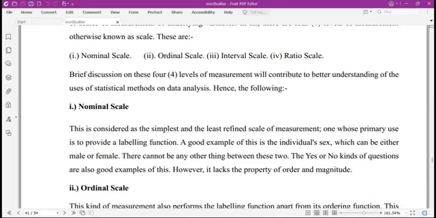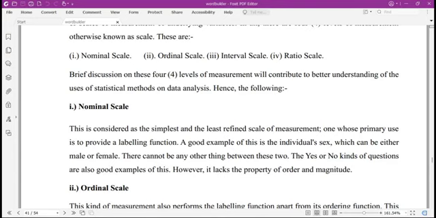So it is either M or F, either yes or no. There is none greater than the other. There's nothing like measurement or weighing. It's either you're this or you're that. So that's why it's called the least refined. When we get to the other ones, you'll find out that it's actually the least refined and the simplest.